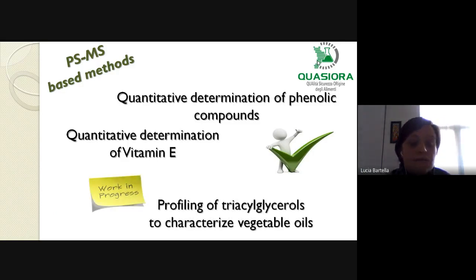We are also working on the application of paper spray mass spectrometry for the characterization of vegetable oils by performing TAGs profiling, in order to discriminate extra virgin olive oil from other vegetable oils which are commonly used as adulterants.